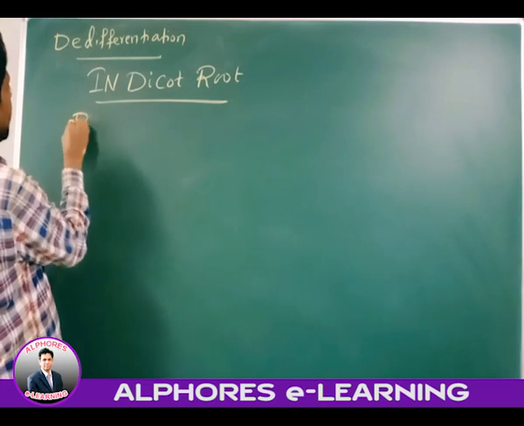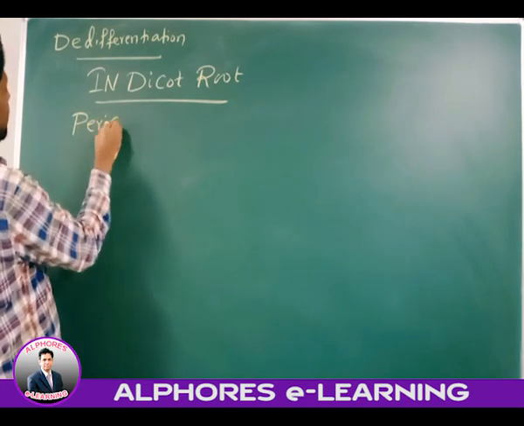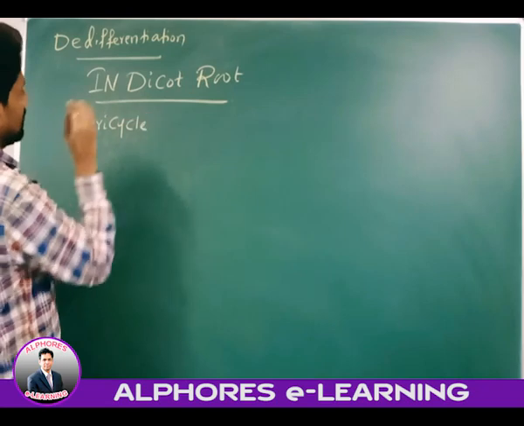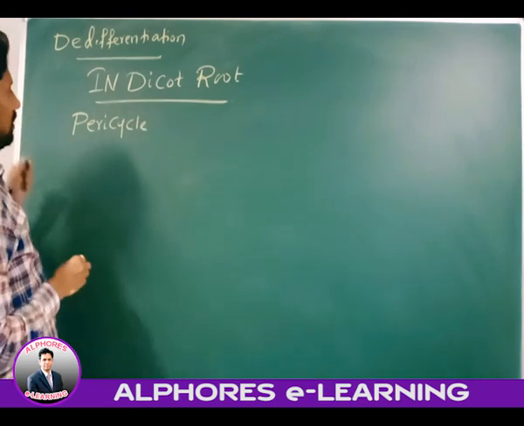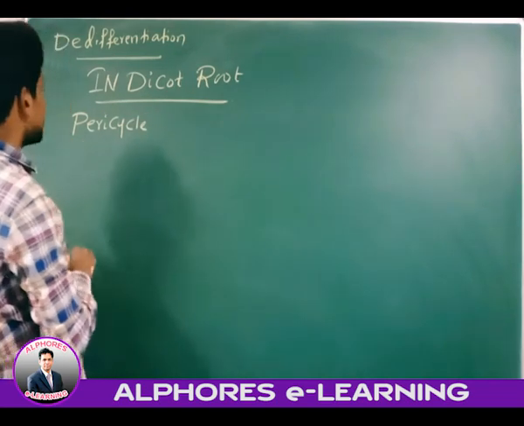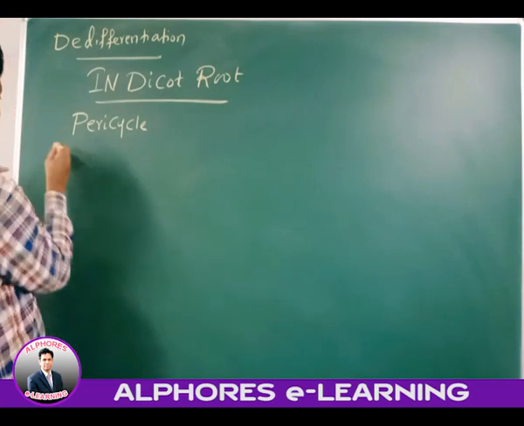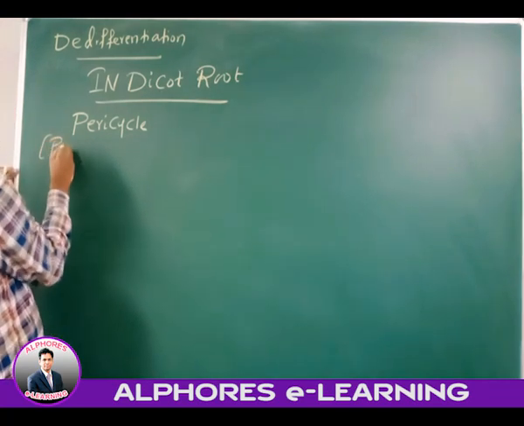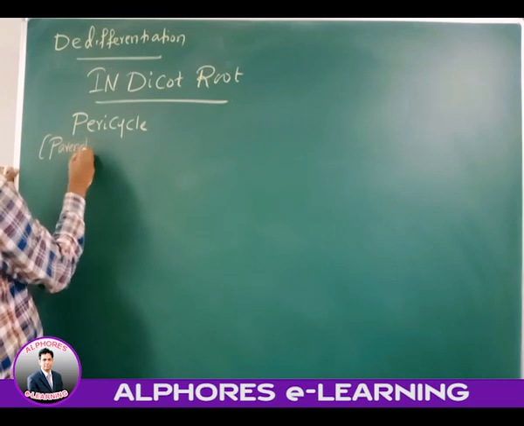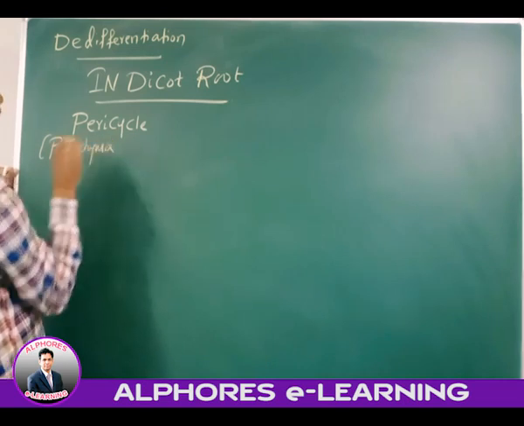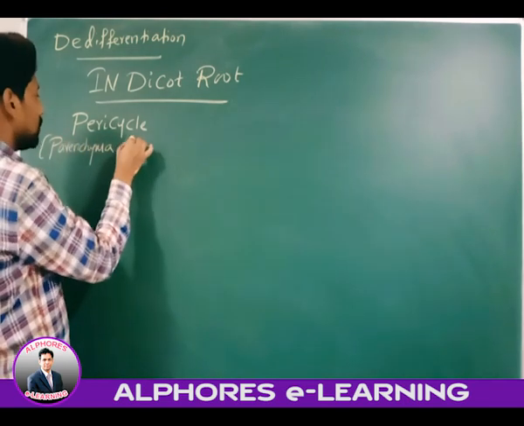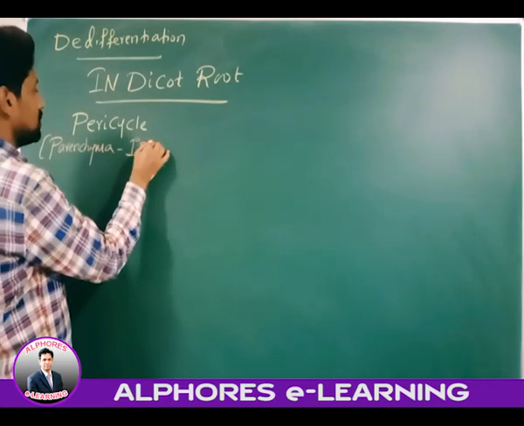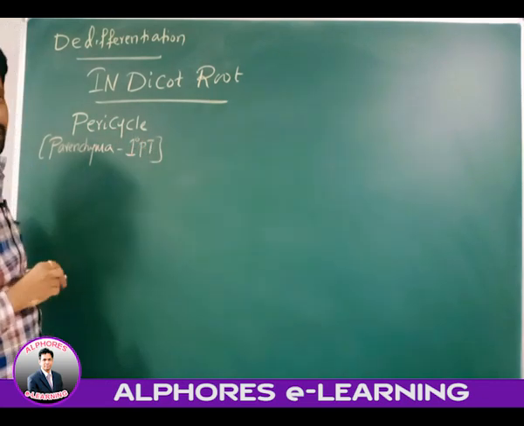In the dicot root, pericycle is made up of parenchyma. Parenchyma is which tissue? It is a primary permanent tissue. Yes or no? It's a primary permanent tissue.